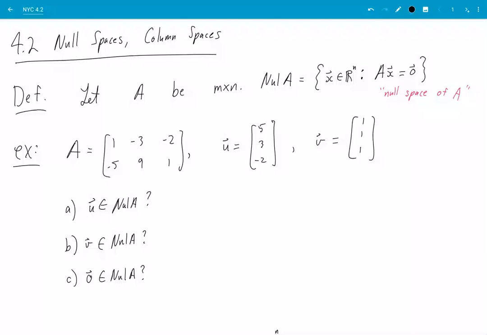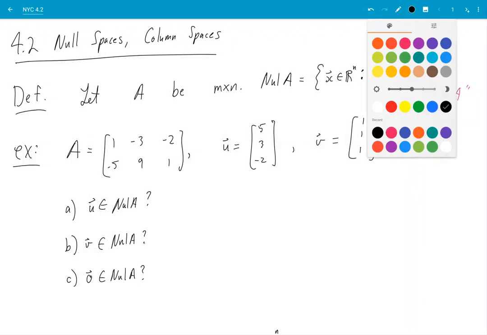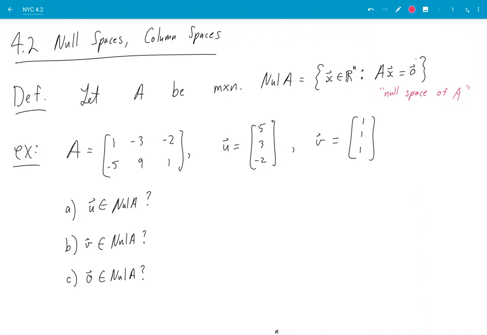So now we'll look at some specific subspaces of Rn. The null space first. Null space of a matrix A. So the null is referring to this zero vector here. So pause and copy if you haven't done so already.